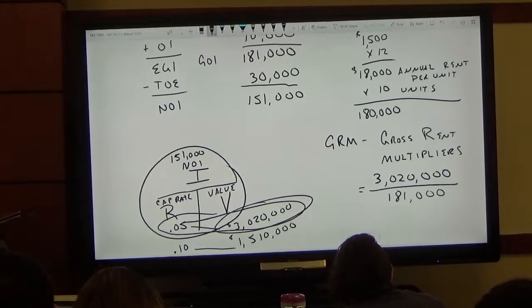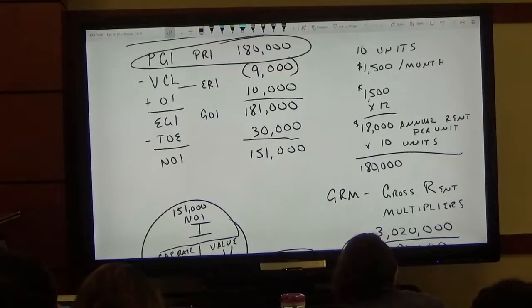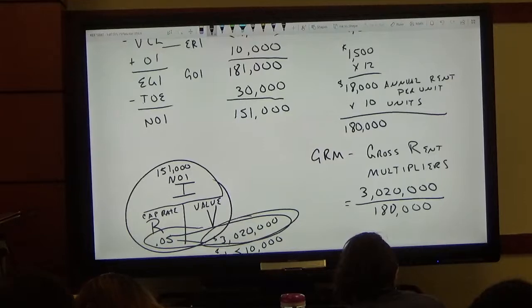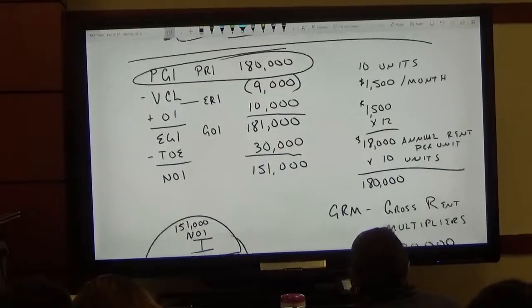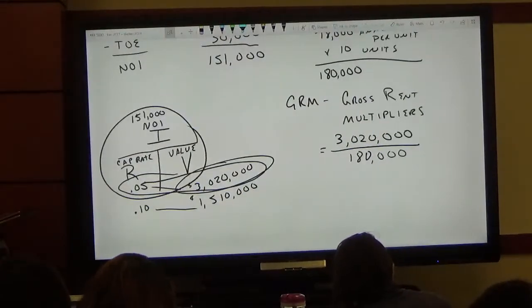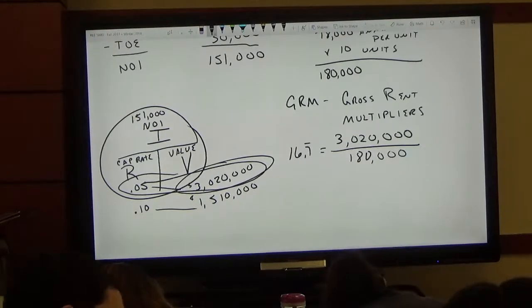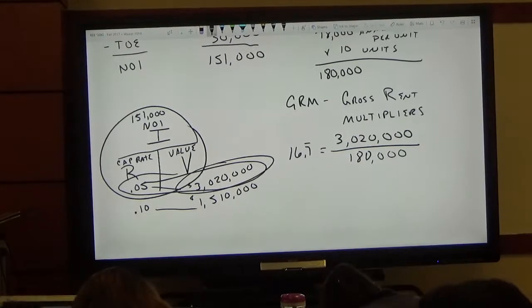In this case, it's a gross rent multiplier, so it's actually, I'm sorry, it is 180,000, my bad. Yeah, 180,000, divided by, and so we get a gross rent multiplier of 16.77 out there.